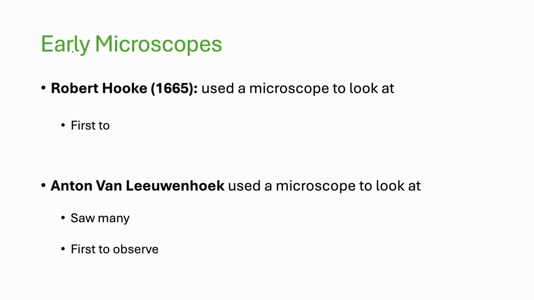So, Robert Hooke was the first that used a microscope to look at a slice of cork. Now, cork is the outside bark of an oak tree, from a plant. So, what he was looking at were dead cells. He was the first one to observe cells, even though these cells were non living.